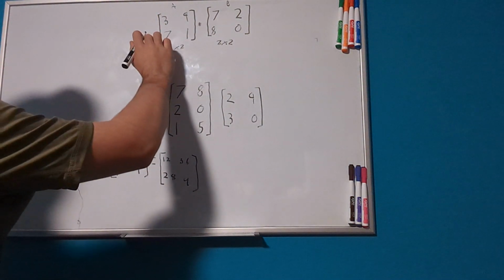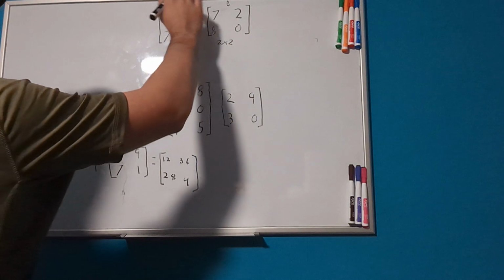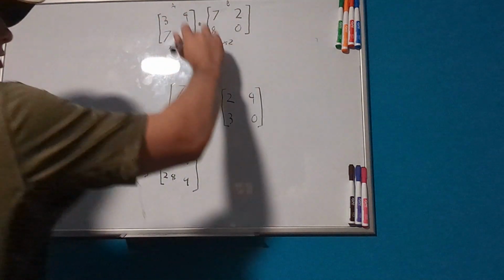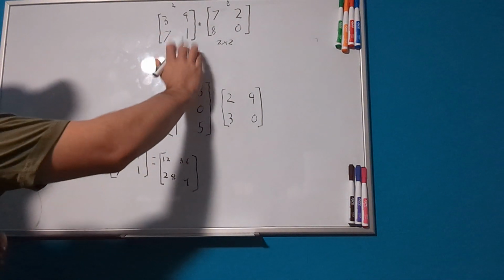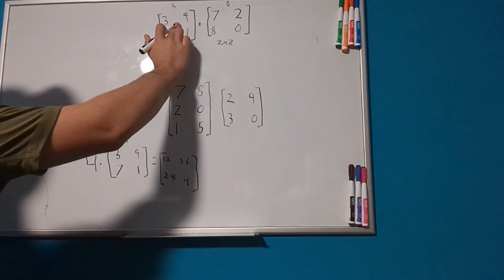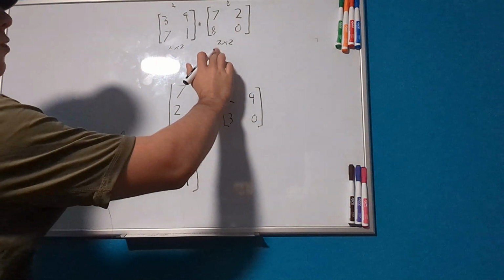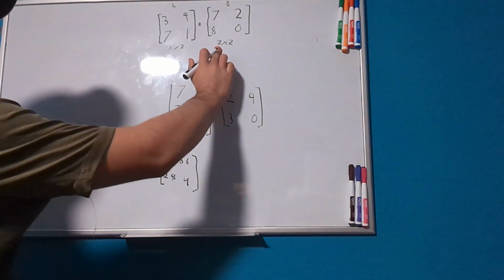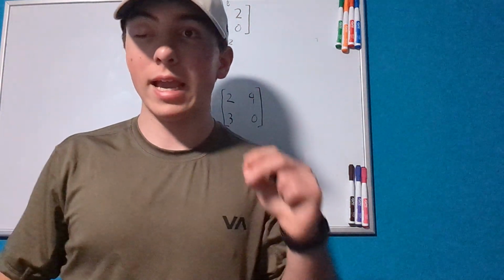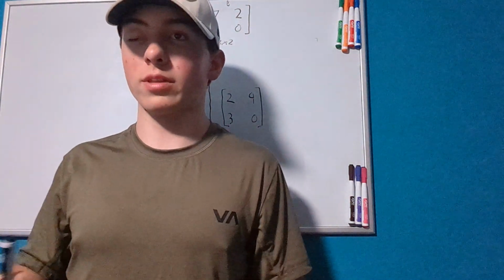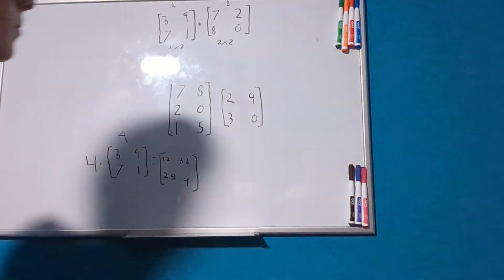So 2 rows, 2 columns. 2 rows, 2 columns. We need the amount of columns in the first matrix to match the amount of rows in the second matrix. That's why when multiplying a matrix by a matrix, it's very important that you do it in the order that is specified. If they do not match, that's just going to be undefined.